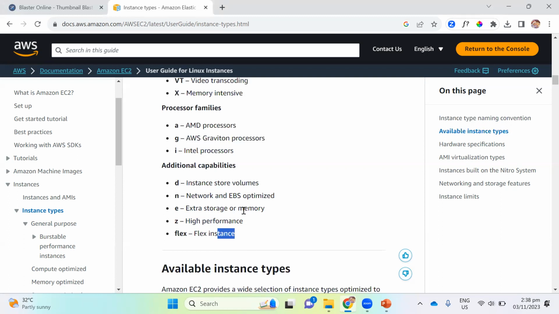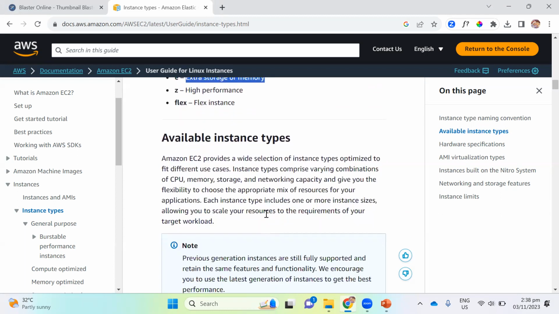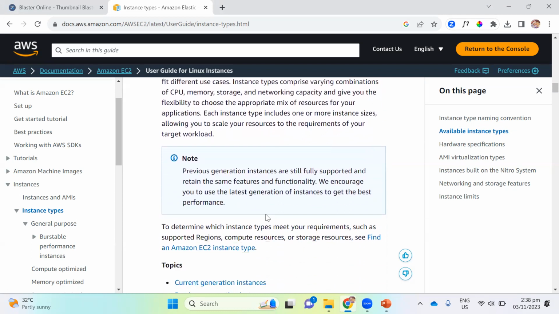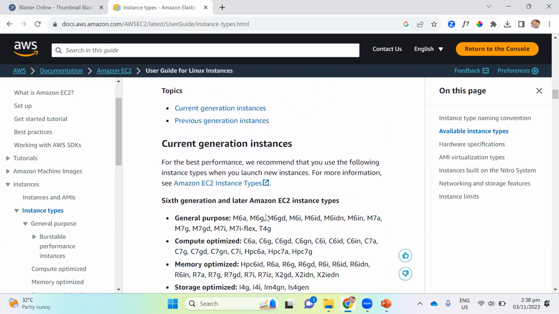So why are these required? Let's say for extra storage or memory: when we are doing a big data sort of application on AWS, we will definitely require extra storage and memory to do the big data processing. So these are the things which we have to understand.